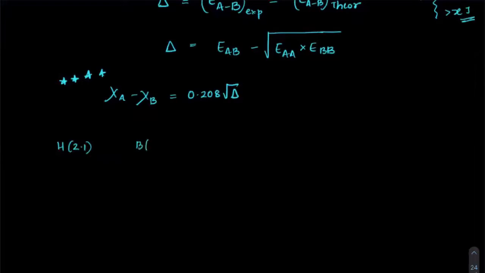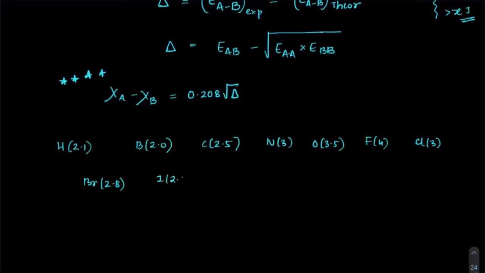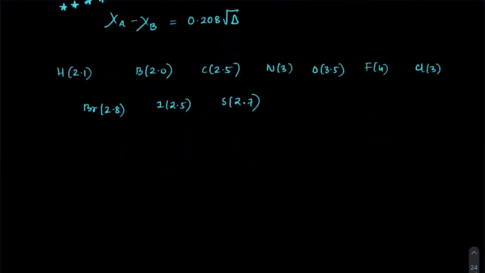From there it has been measured for others: boron slightly less, carbon around 2.5, nitrogen 3, oxygen 3.5, fluorine 4, chlorine 3, bromine 2.8, iodine 2.5, sulfur 2.7, phosphorus 2.2.